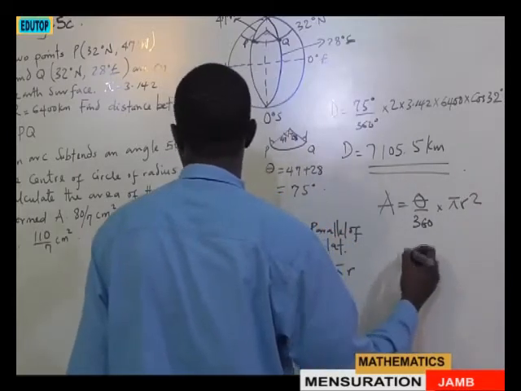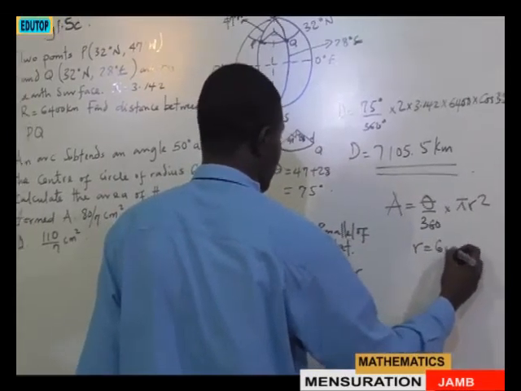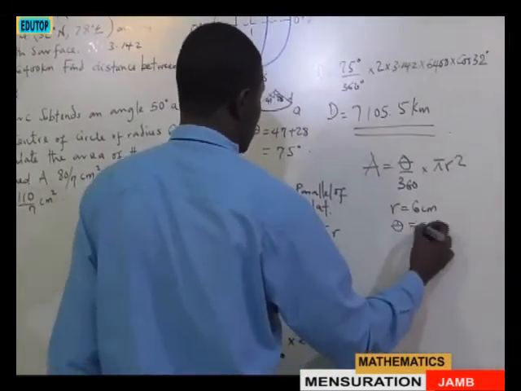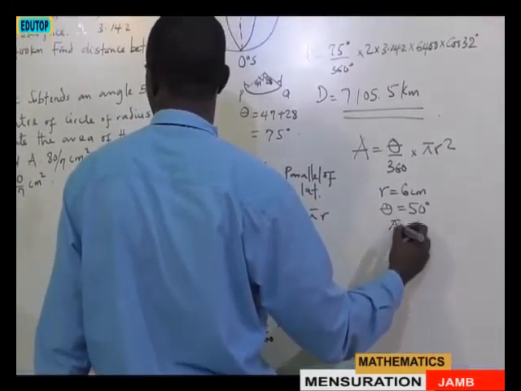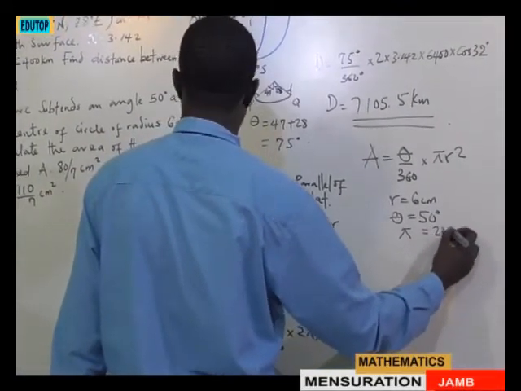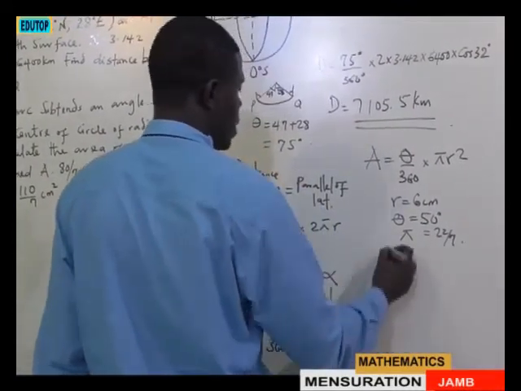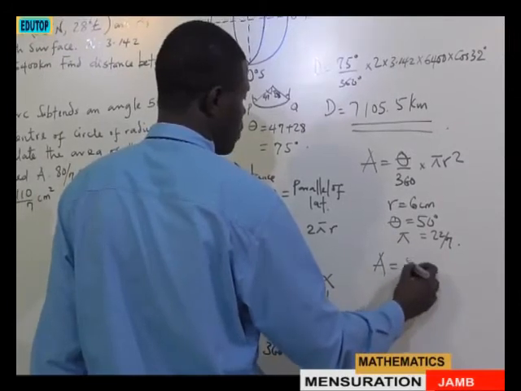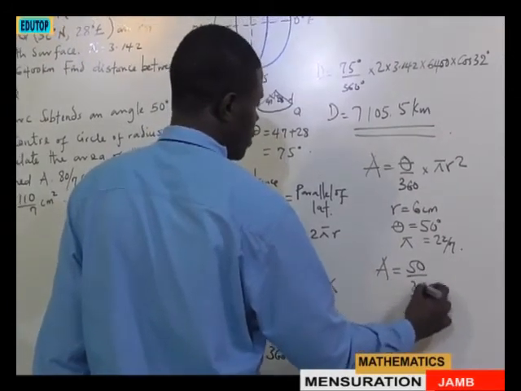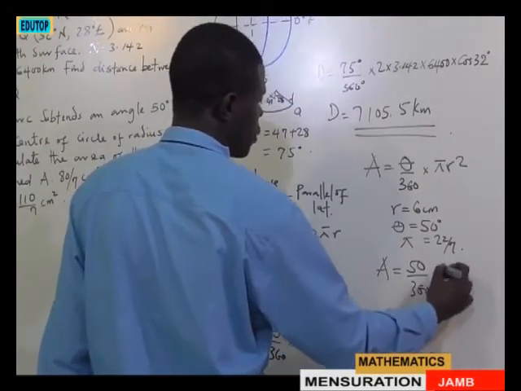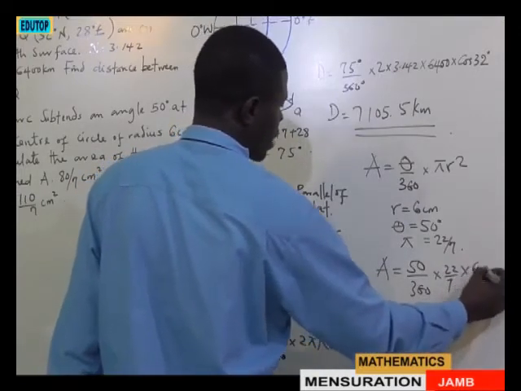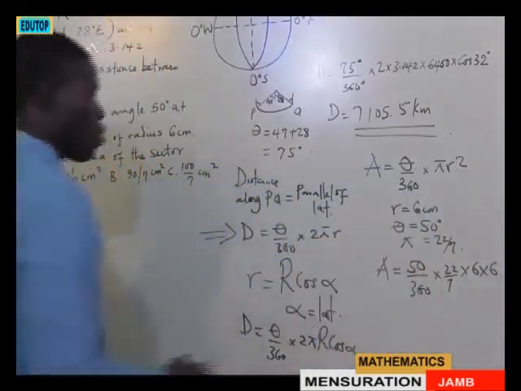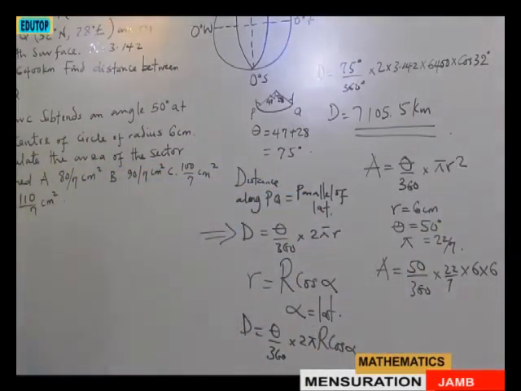In this regard, our r has been given as 6 cm. Our theta has been given as 50 degrees. What else? Our pi is 22 over 7. Then our area will now be 50 over 360 times 22 over 7 times 6 times 6, because we have r squared. So that's 6 squared, which is 6 times 6.